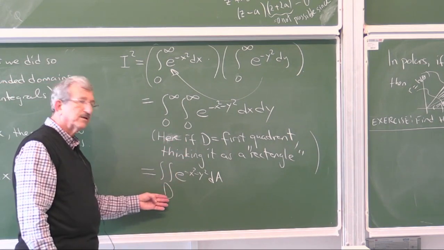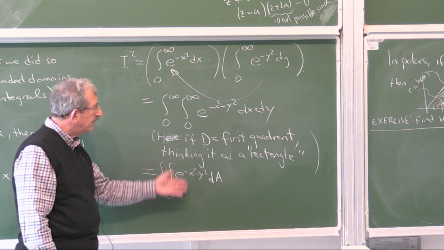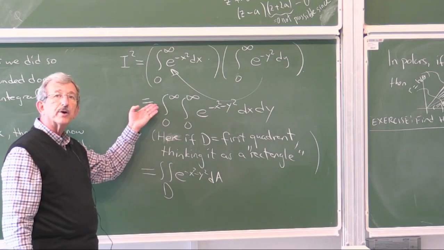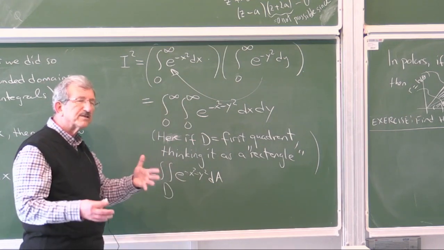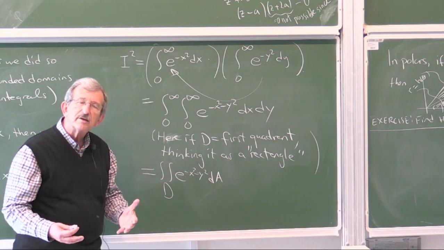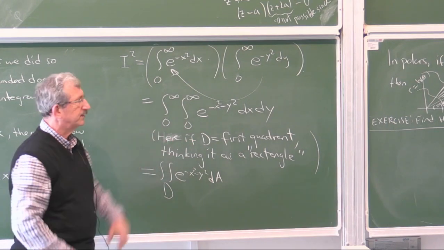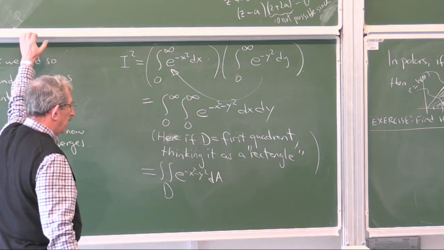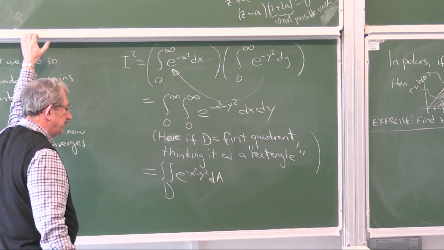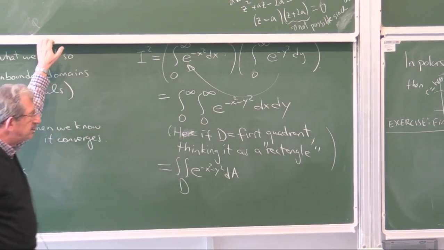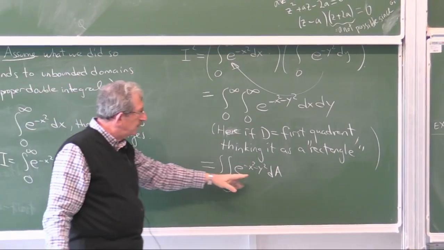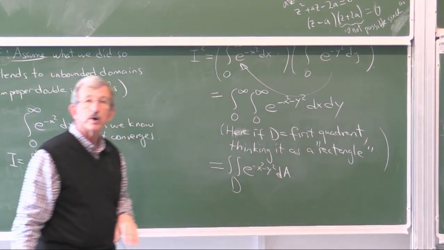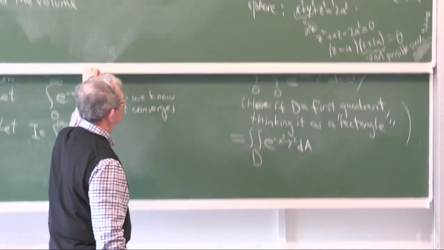How would you write an iterated integral on that rectangle? Of course, the sides go 0 to infinity, and so you would write it this way. All these, of course, need mathematical justification, but we assume we can do such things at this point. Now, this very much invites us to change the variables into polars because we have x squared plus y squared. Let us do it.